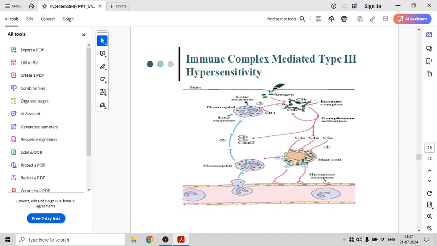When the macrophages get activated due to the binding of antigen antibody complex to their Fc receptor, large amount of TNF alpha will be secreted in that area. And TNF alpha is an inflammatory cytokine. So the reaction that builds up in that area will result in causing lot of tissue damage.